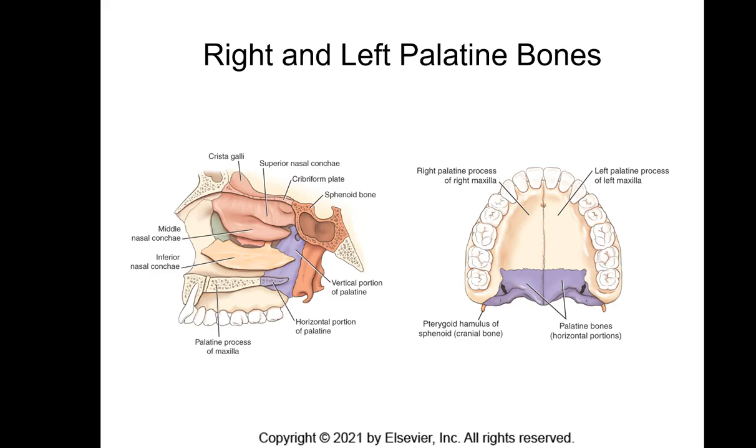The palatine bones articulate with 2 cranial bones, the sphenoid and the ethmoid, and 4 facial bones, the maxilla, inferior nasal concha, vomer, and then of course the adjacent palatine. So these are 2 different facial bones, right and left.